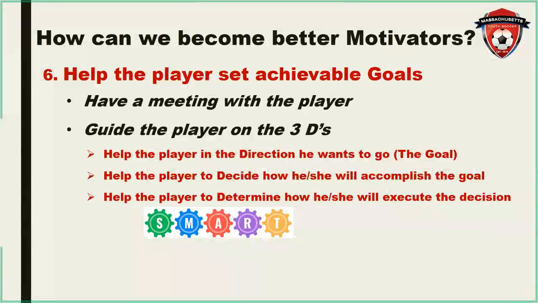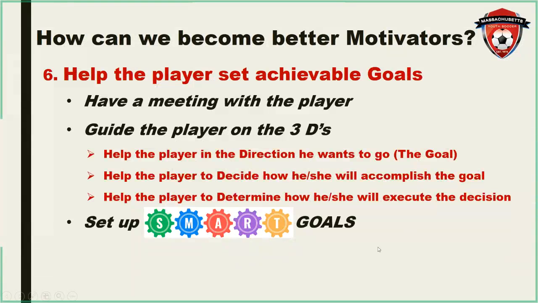The 3Ds are a new thing coming in sports psychology: the direction, which is the goal, the decision, and then the determination that the player is going to need to accomplish the goal. And when we have those 3Ds sorted out, we can set up the SMART goals.